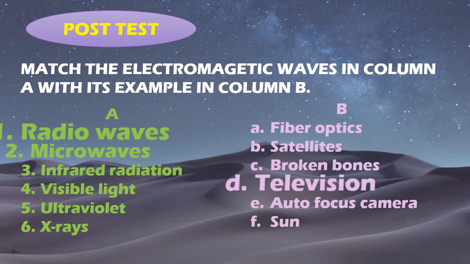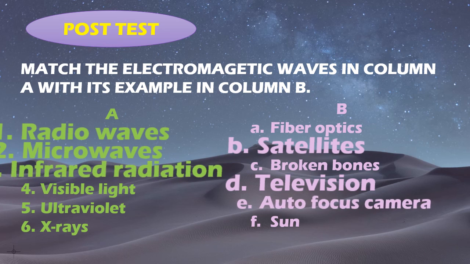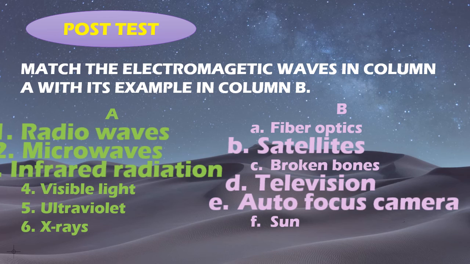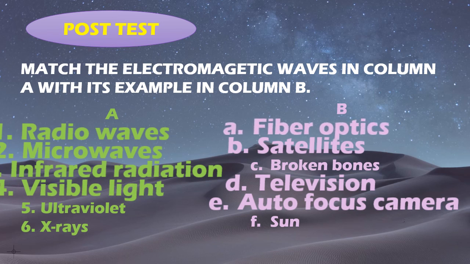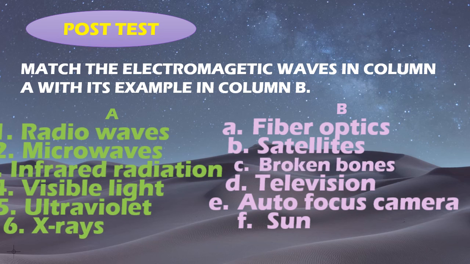Microwaves are for satellites. Infrared radiation is for autofocus camera. Visible light is for fiber optics. Ultraviolet is for the sun. X-ray is for broken bones.